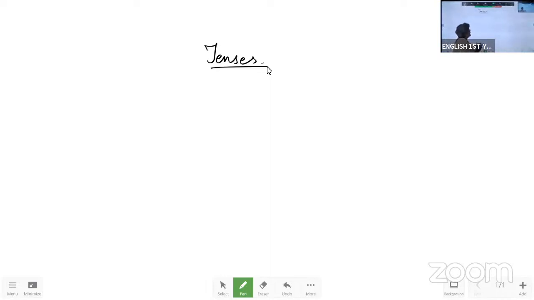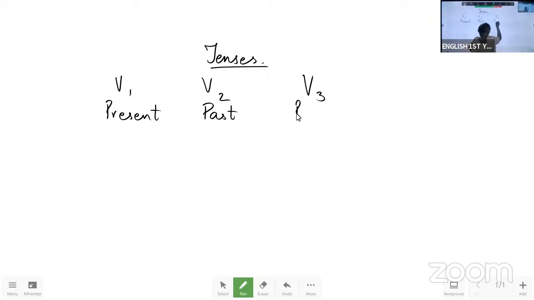But before that, I want to tell you about V1, V2, and V3. What does V1, V2, V3 mean? When we say V1 is the present tense and V2 is the past tense, immediately we get the answer. V3 is not future, but past participle.